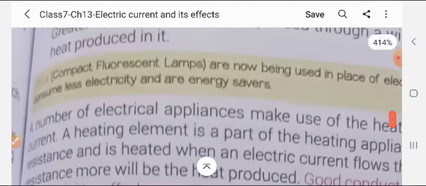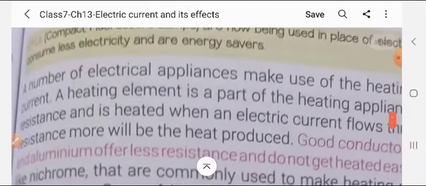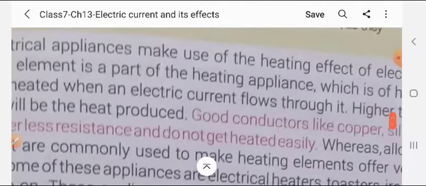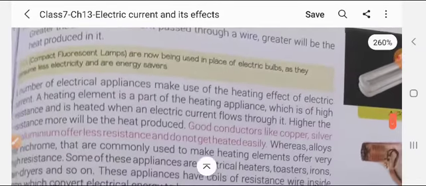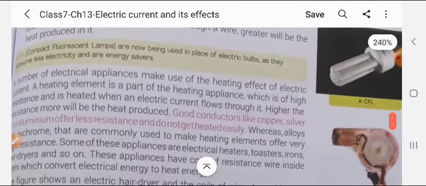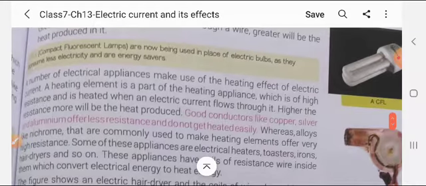Okay student, a number of electric appliances make use of the heating effect of electric current.